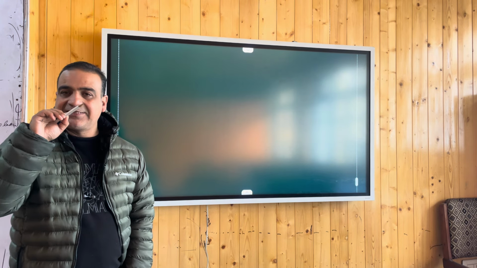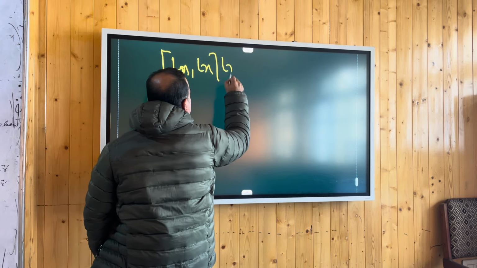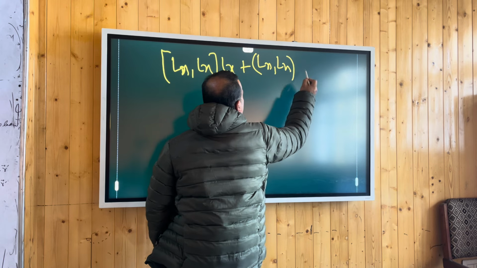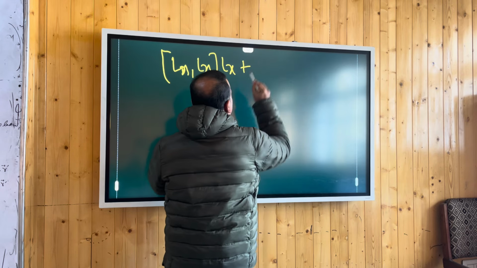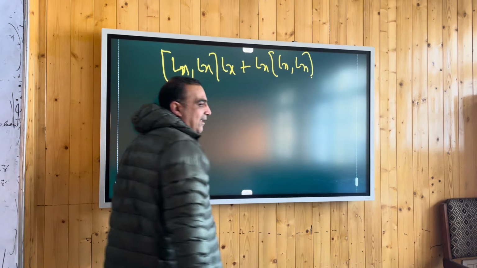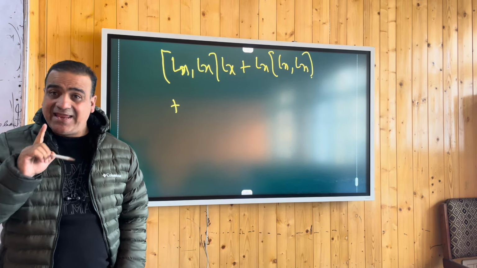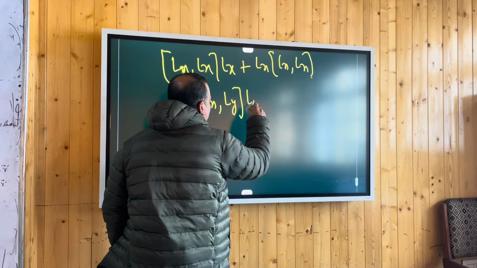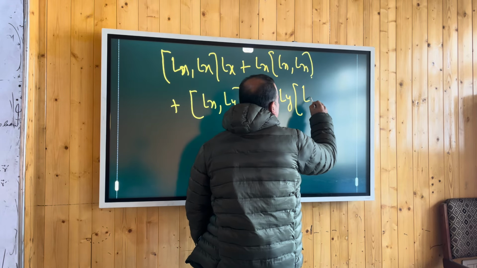The first is [Lx, Lx] Lx, then again Lx [Lx, Lx]. Now the second, Lx and Ly square: [Lx, Ly] Ly plus Ly [Lx, Ly].